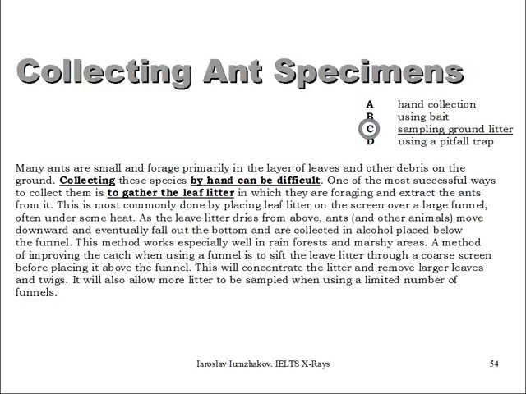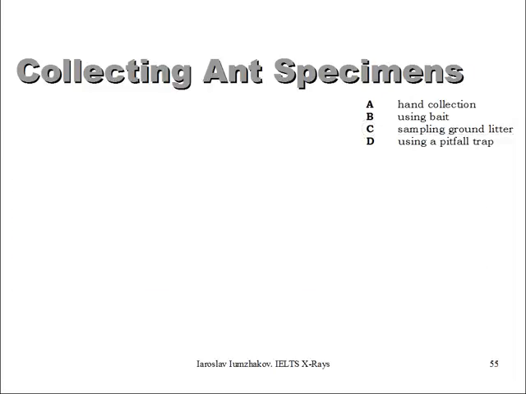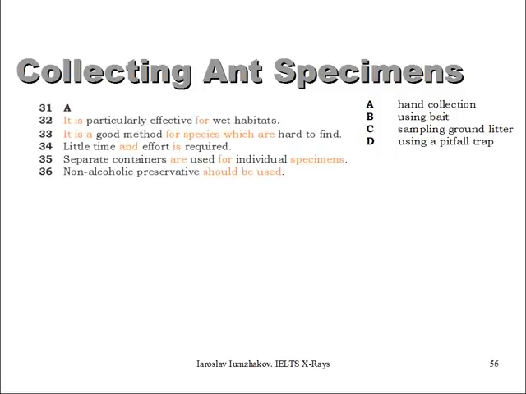And now we understand that A, hand collection, B, using bait, C, sampling ground litter, and D, using a pitfall trap, just refer to different paragraphs, that's all. So the task is now to match paragraphs and the questions.